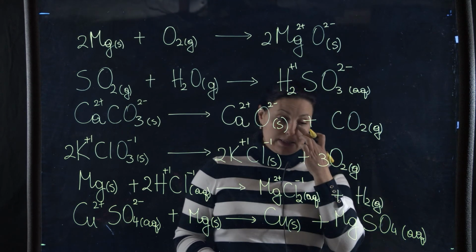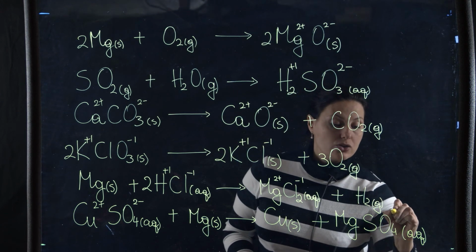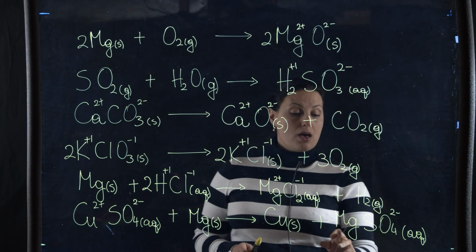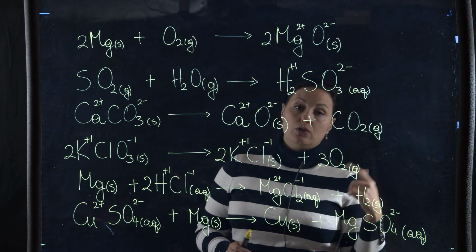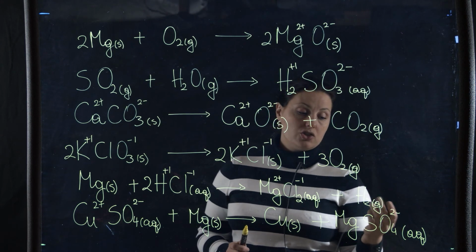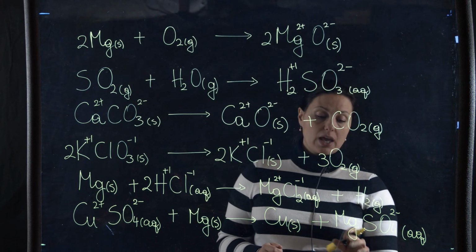Now let's take a look and see if this is a neutral compound. We said SO4 has a total negative charge of 2-. This is why you have to learn the polyatomic ion names and the charges on each of them, the formulas as well.